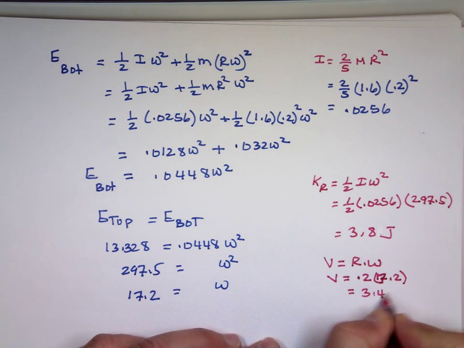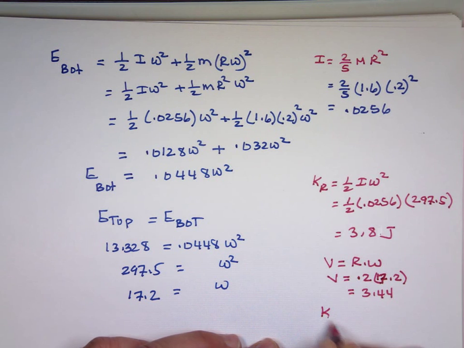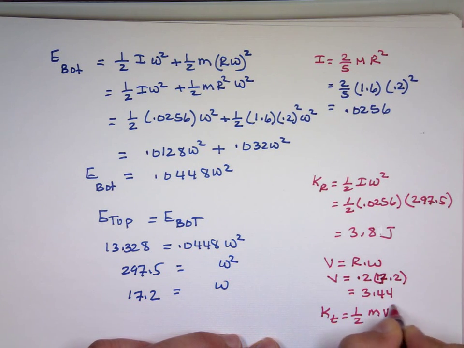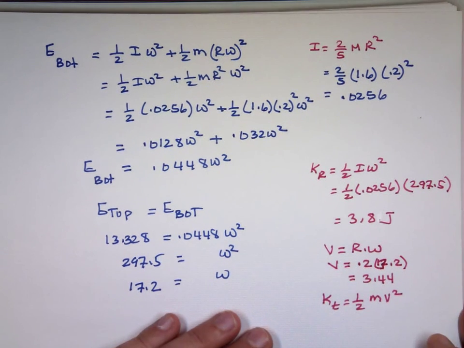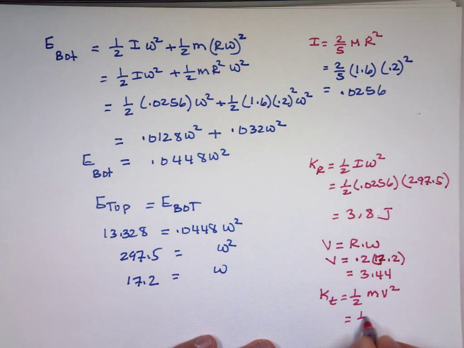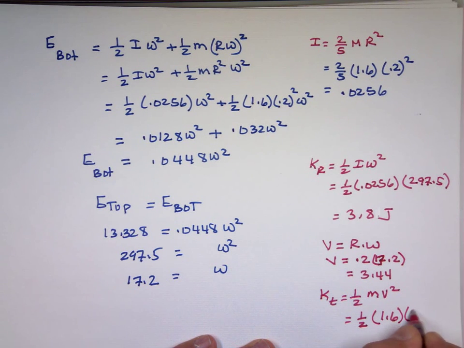Kinetic energy translation is 1/2 mv squared. One half, we know the mass, 1.6, we know V, 3.44 squared.